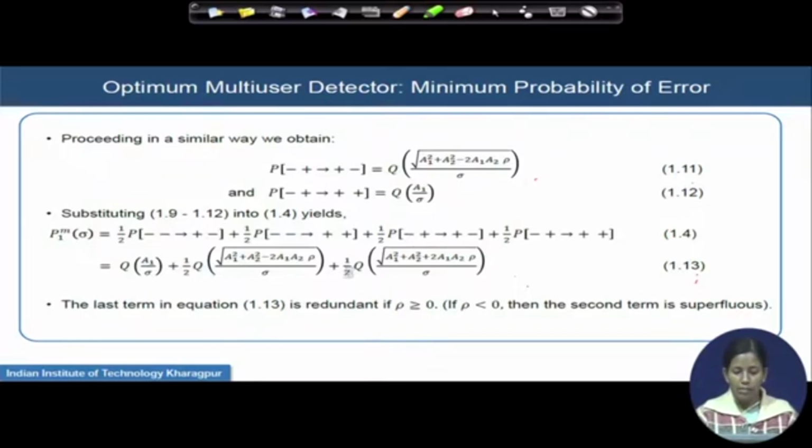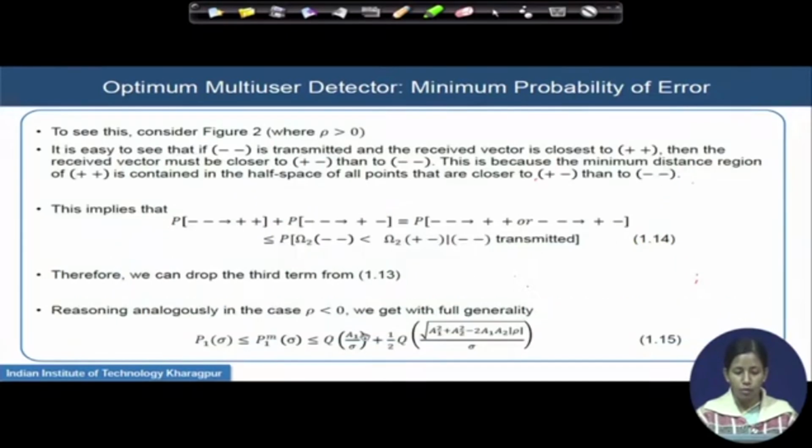The last term in this equation is redundant if rho is greater than or equal to 0. Equivalently, this term will be redundant if rho is less than or equal to 0. So, depending on which zone of the SNR you are dealing with, you can discard either the second term or the third term, and the calculation of the error probability ends up with any two terms over the zone of operation.